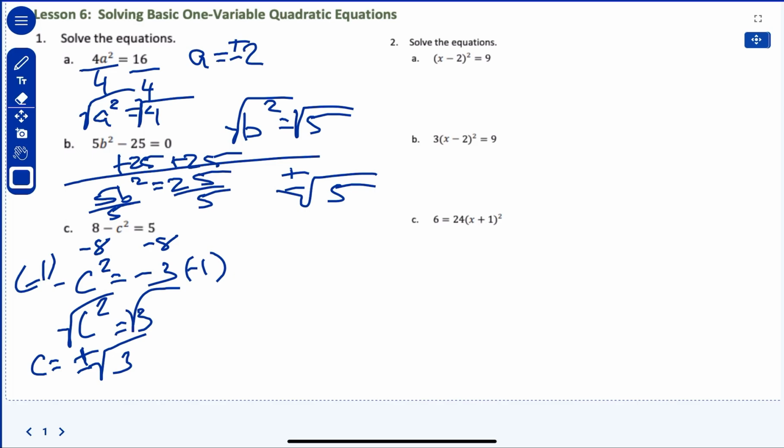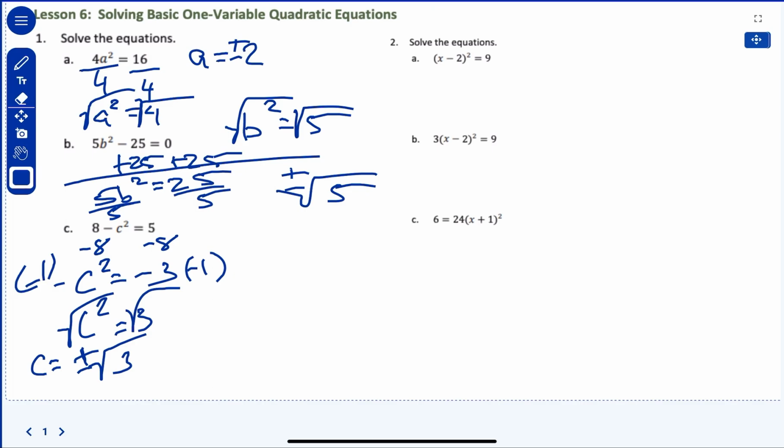Okay. All right, number 2, solve the equation. Ooh. How are we going to do this? Can we do x minus 2, working inside the parentheses? What is x minus 2?